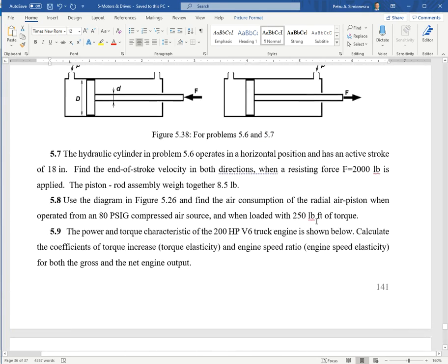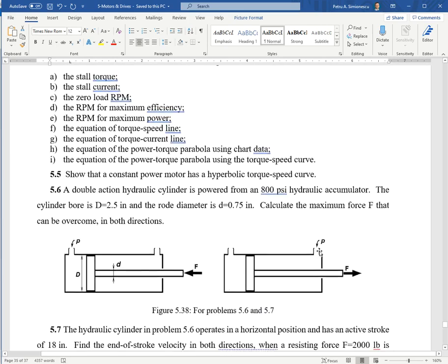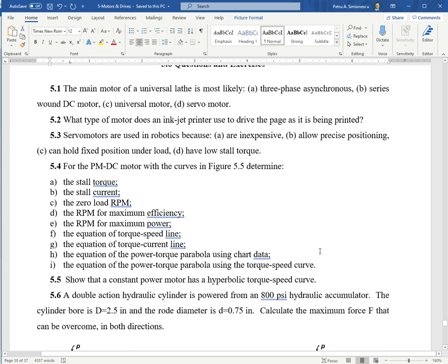So yeah, this is one, and then I have some questions for the earlier part of the notes. Main motor, universal, or the bench lathe, those in the machine shop, what kind of motors do they use? In our machine shop, all the lathes that we have run 3-phase asynchronous motors.